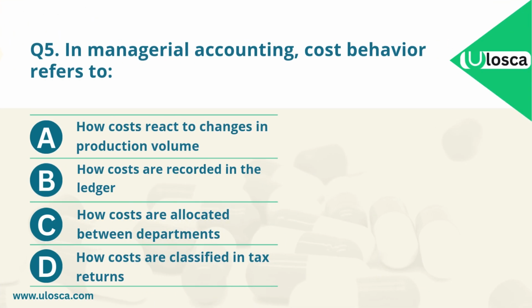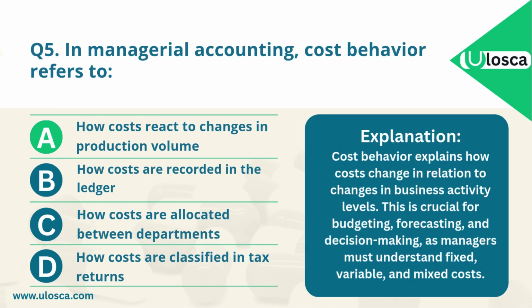The correct answer is A. How costs react to changes in production volume. Explanation. Cost behavior explains how costs change in relation to changes in business activity levels. This is crucial for budgeting, forecasting, and decision-making, as managers must understand fixed, variable, and mixed costs.